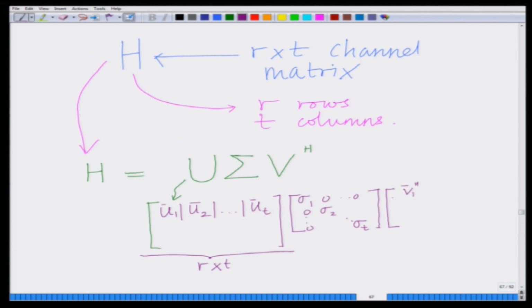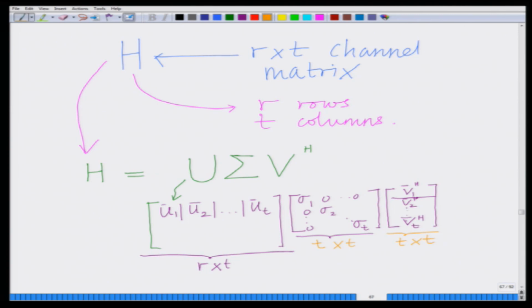v1 bar Hermitian, v2 bar Hermitian, so on up to vT bar Hermitian. So this sigma is a T cross T matrix, and V Hermitian, and therefore V, are also T cross T matrices.